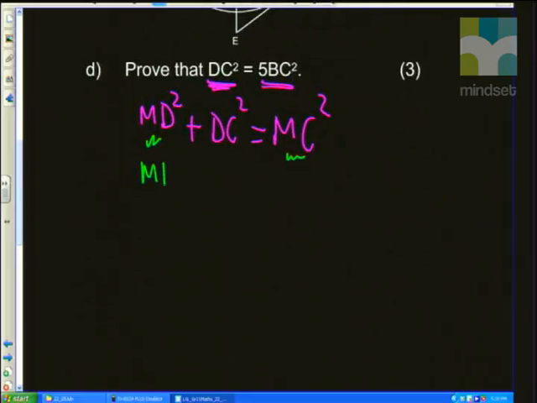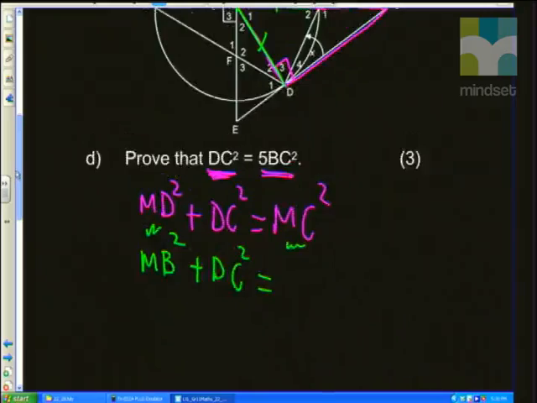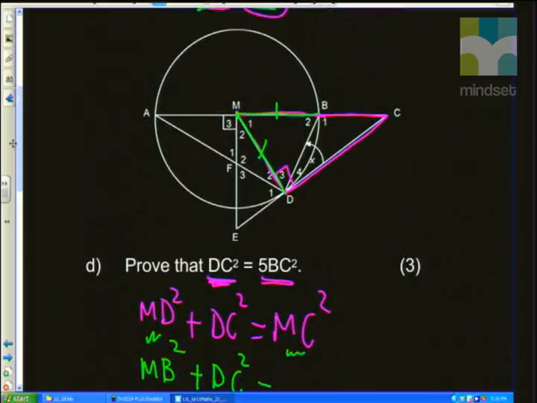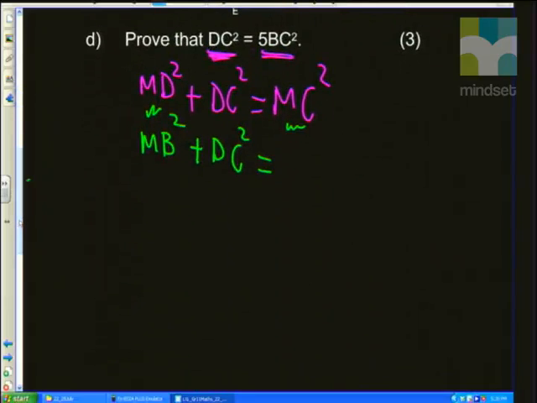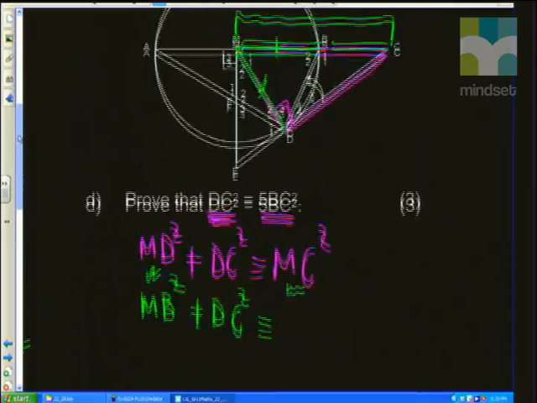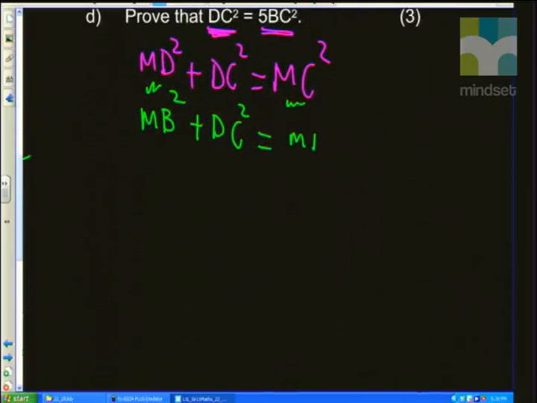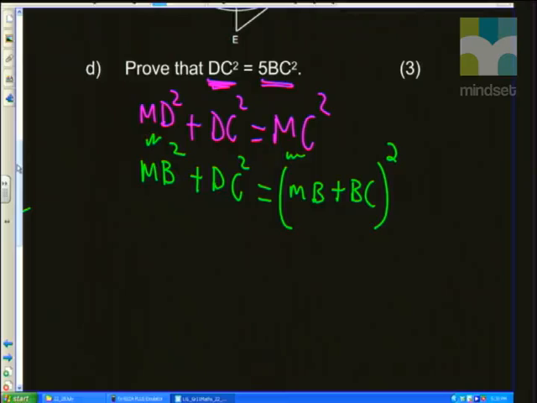This is MB squared plus DC squared equals, now, guys, MC. To get MC, you need MB plus BC. So MC will be MB plus BC, but that is squared. Now, let's look at my final result.